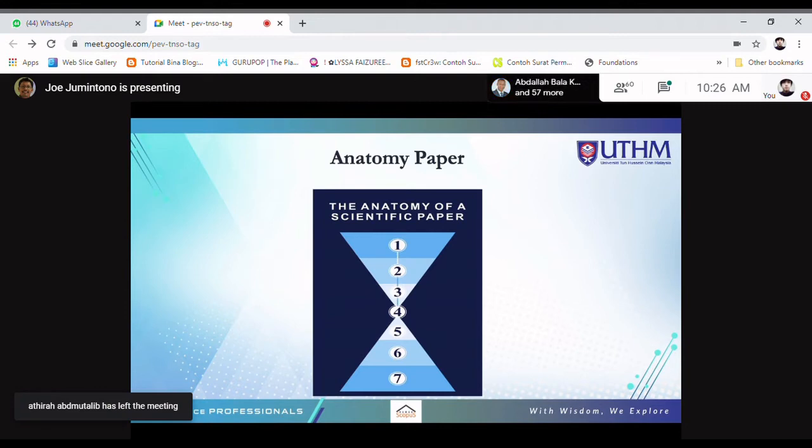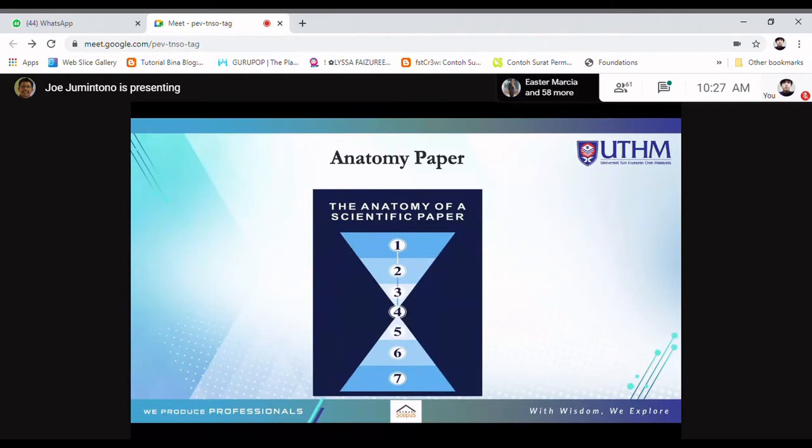Let's imagine first before we go to the next slide. The paper has an anatomy, and the anatomy of the paper consists of seven parts. Numbers 1 to 3, half of the paper, are the introduction, so the introduction plays a more important role in the paper.